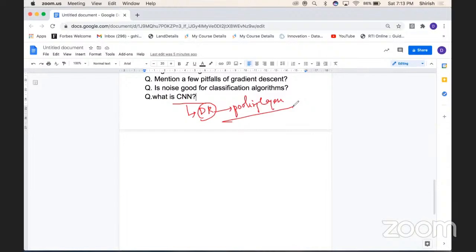Okay. Now, when you talk about deep learning, what are the libraries? Like deep learning platforms or deep learning libraries. How can we explain those?